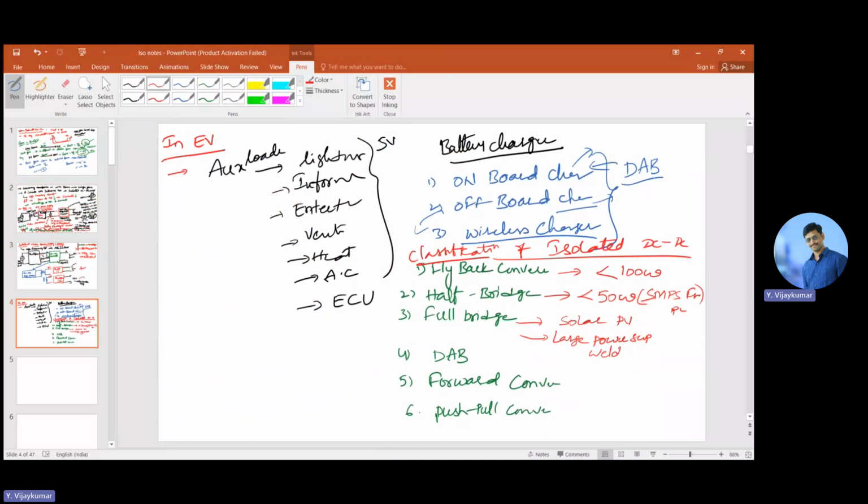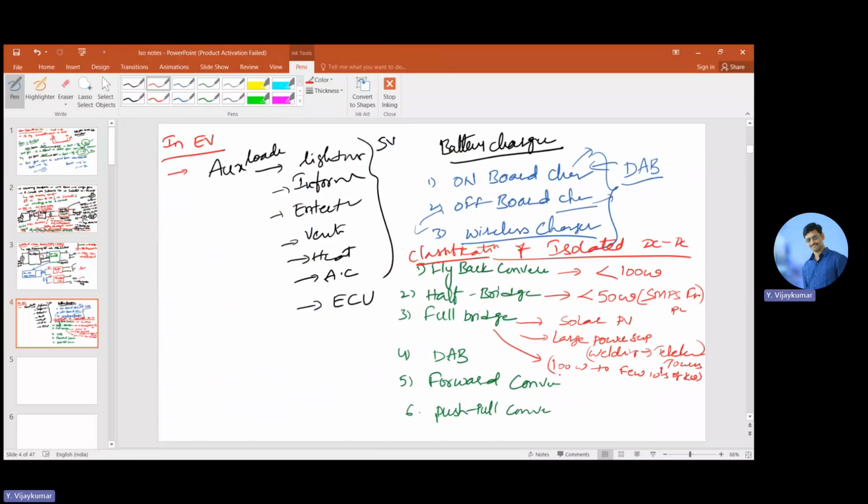So in welding we are going to use it, and also in telecom towers, we are going to use full bridge, and the range of the power is 100 watts to a few tens of kilowatts.